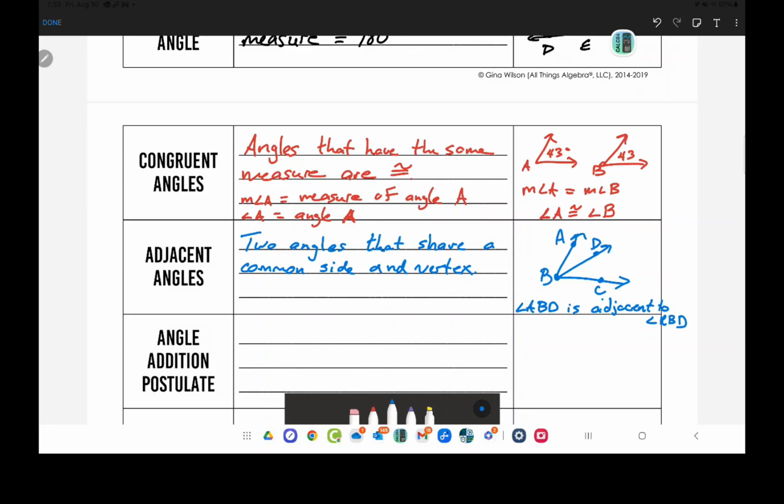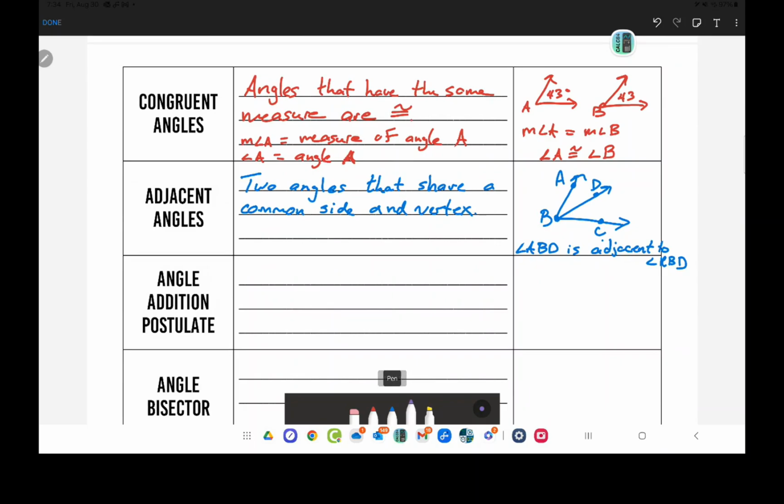You're not going to use this so much on its own, but some of the terms we're going to learn in this class use the phrase adjacent angles in their own definition. So you need to know what that means and be able to visually identify it.